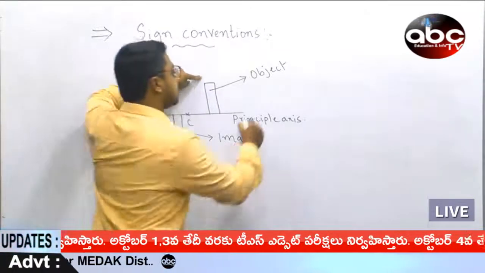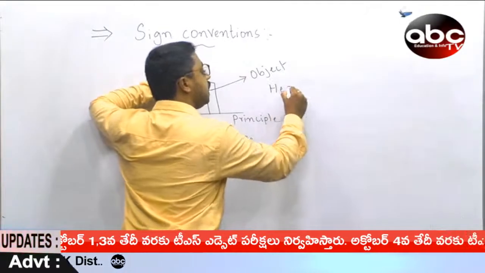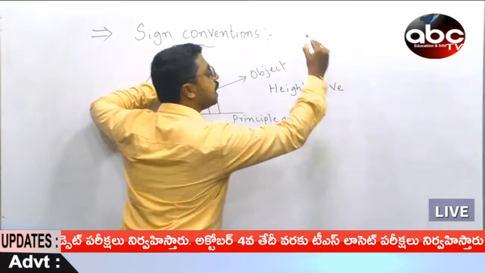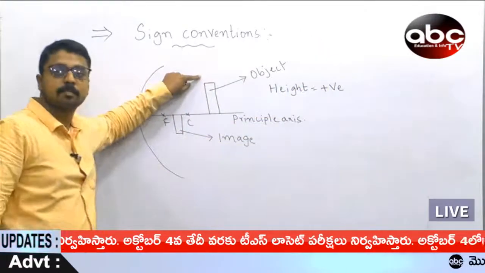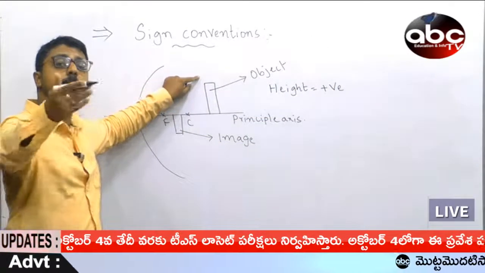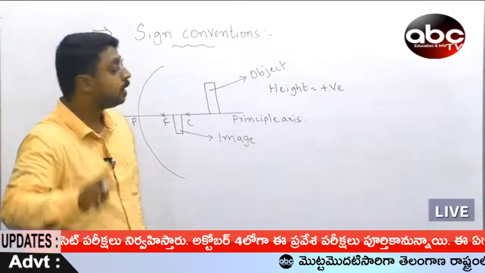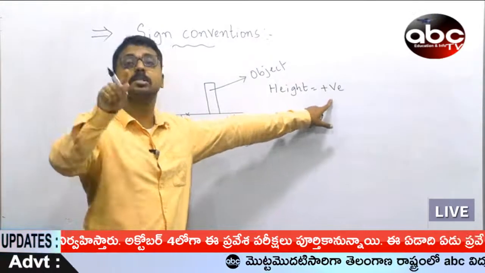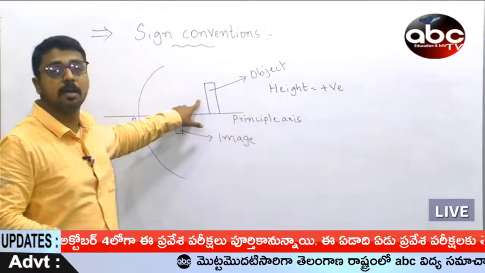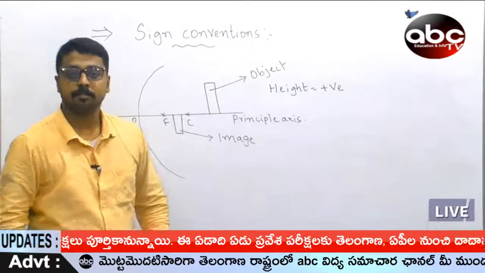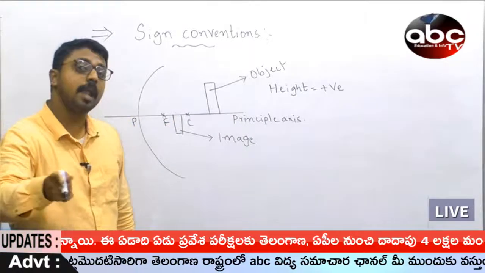Therefore, its height is considered as positive. It might be 4, it might be 5, it might be 10, or it might be 1 centimeter. But the positive sign must be mentioned before noting the height of this object. It's not only for an object, it's for an image also.